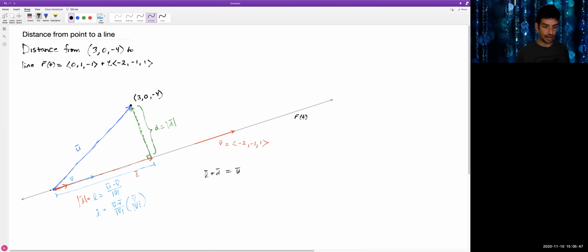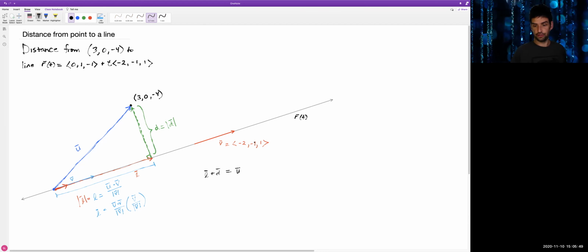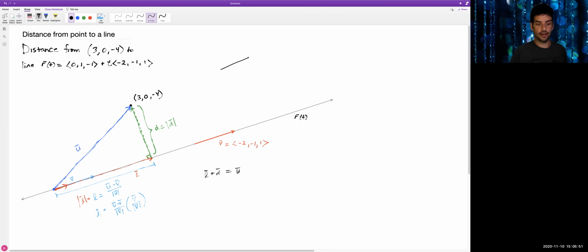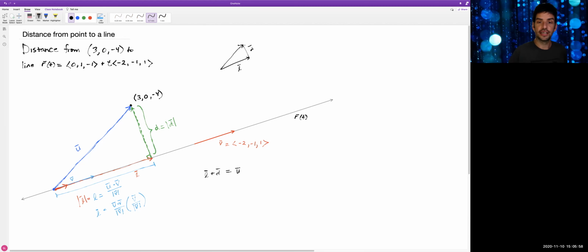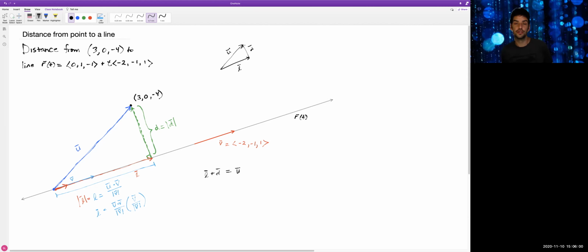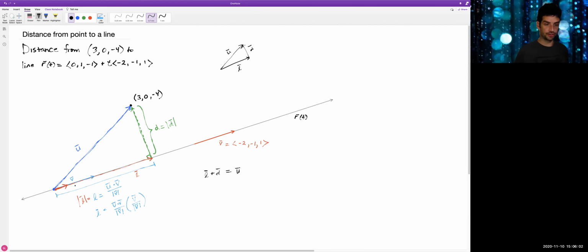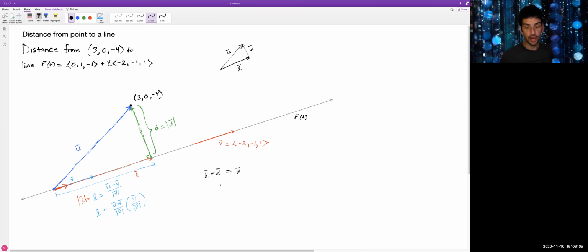If I add the vector L, that's a vector, and let me do a little sketch up here: L is a vector like this, D is a vector perpendicular to it in that direction, and that gives us u. So that's just a little sketch of what's going on in this triangle down here.